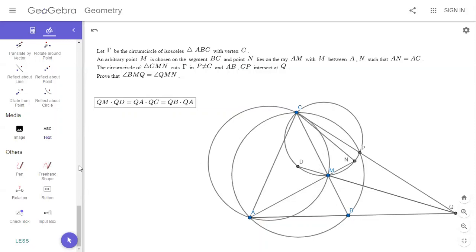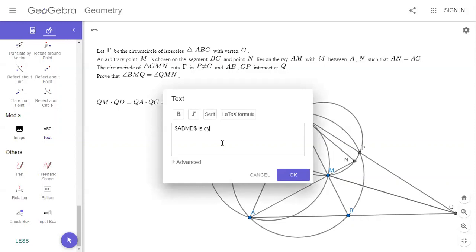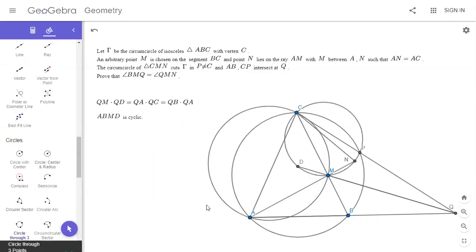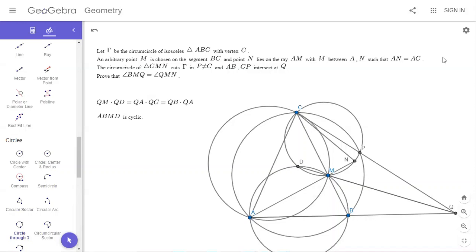So ABMD is cyclic. That's kind of like the way that you prove the radical axis theorem. All right. ABMD is cyclic. Let me check out the chat just because I know I probably missed a few things. Reim's theorem.